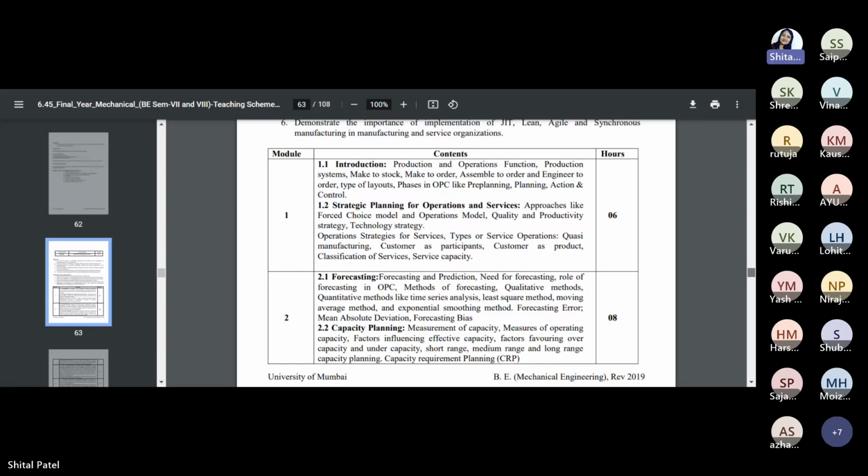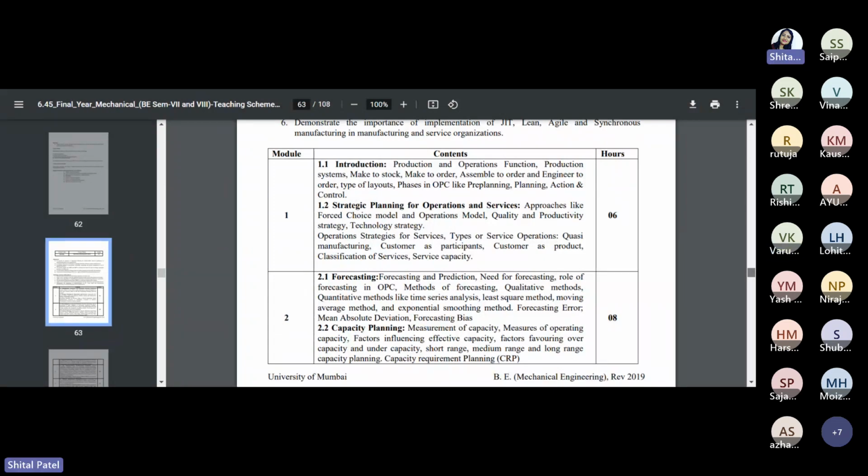So we have various phases: pre-planning, planning, action and control, right? And under this heading of pre-planning, planning, action and control, again we have sub-phases. Okay. Next, am I audible? Yes.